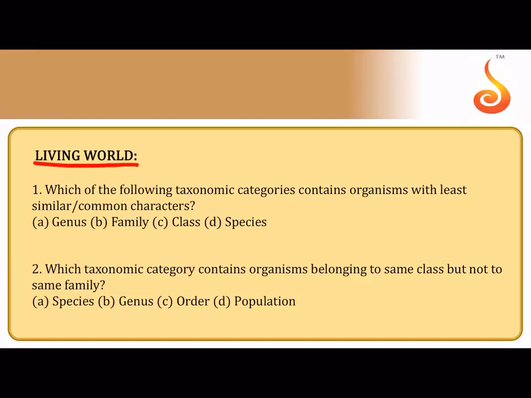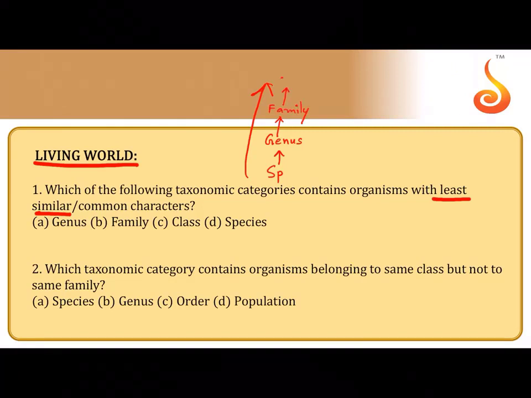Okay. Now the first question says, which of the following taxonomic categories contains organisms with least similar characteristics? Now if you remember, please quickly draw the taxonomic hierarchy. We started with species. Similar species are put together in a genus. Similar genera are put together in the same family.